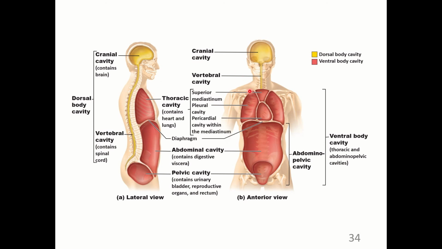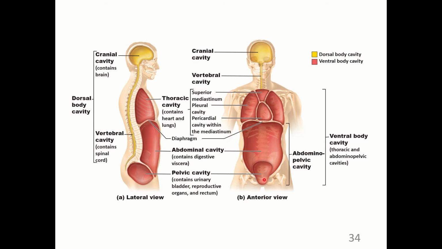Looking at the anterior view of the body, you can see that the thoracic body cavity will be compartmentalized into the pericardium surrounding the heart, the pleura surrounding the lungs, and the mediastinum occupying the space between the heart and the lungs.